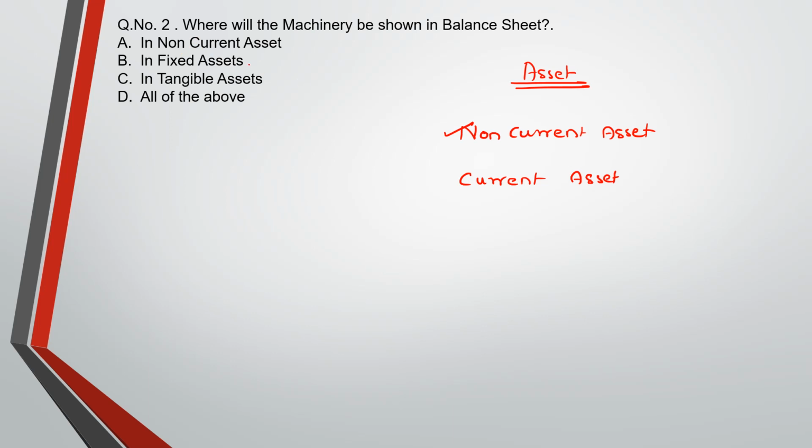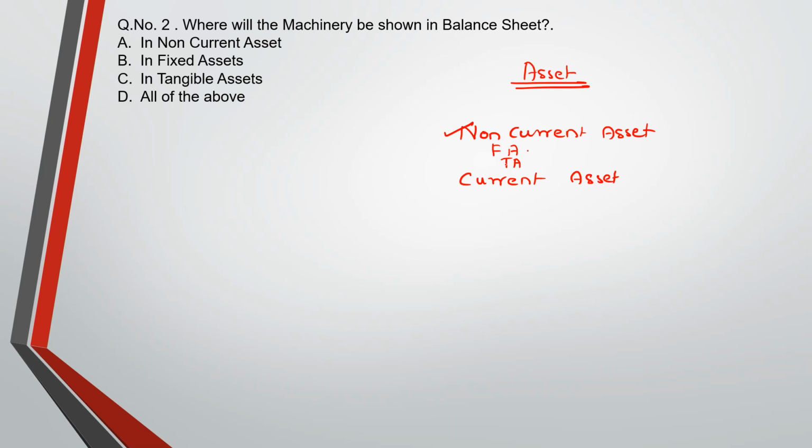Second, B is, it's a fixed asset. Yes, of course. Under non-current asset, you have fixed assets. True, that is also true. And then C, it is a tangible asset. Under fixed asset, you would have sub-classification of tangible assets, intangible assets, tangible assets under development, intangible assets under development.